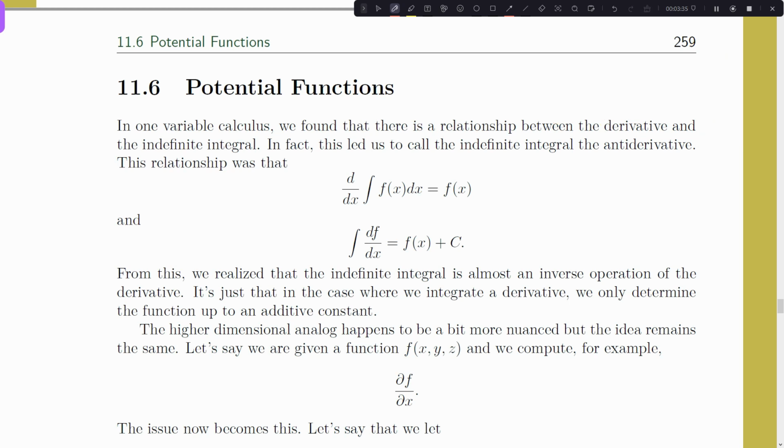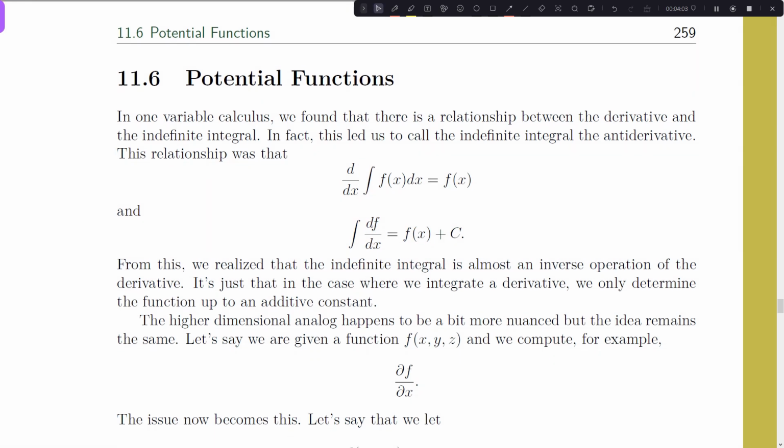Okay, so like I was saying, we want to think about this in the sense of antiderivative. So recall our fundamental theorem of calculus. We can either represent it as, the derivative of the integral is the function itself, or the integral of the derivative is the function itself. And we always have to be careful in the reverse direction, because we can always gain an extra constant out of that.